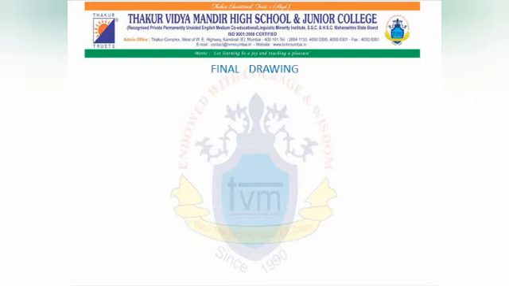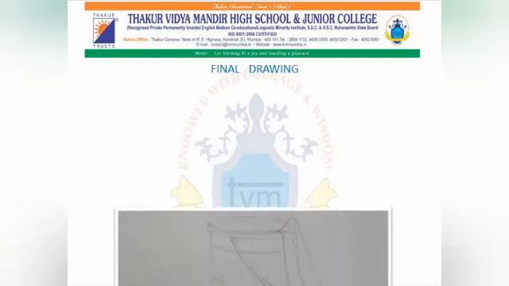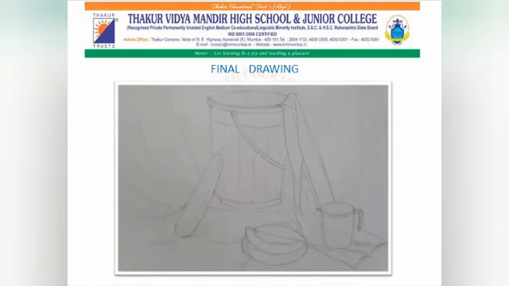Students, let's start with the final drawing. In this, we are going to draw the whole still life in detail. Observe the whole still life properly and all the details carefully.